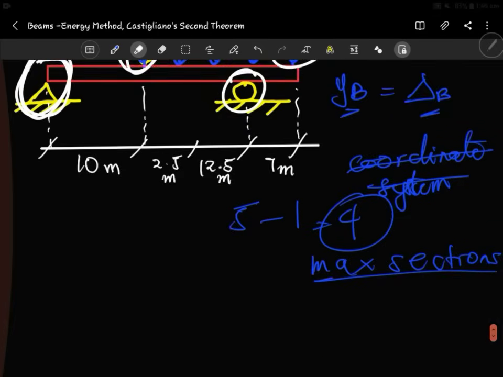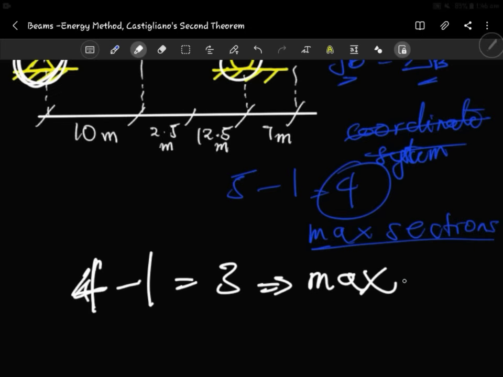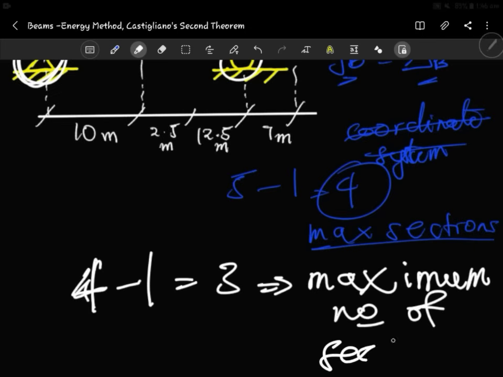So we have a total of 4 when you add all the forces and reactions. When you take 1 from this, that gives you 3. This 3 implies the maximum number of sections that can be done, the maximum number of sectionings. Then I'll draw some lines to show their positions on the beam.